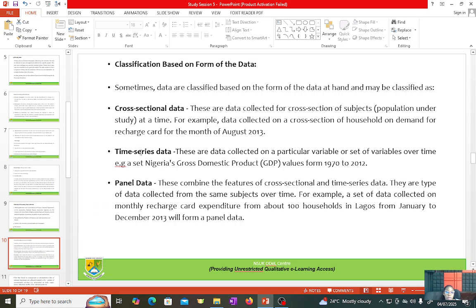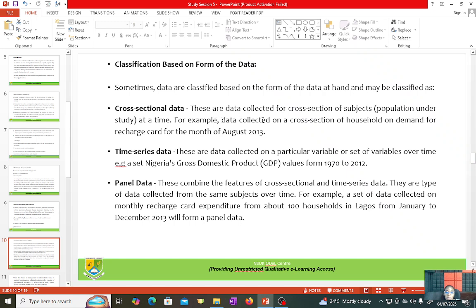Classification of data based on the form. Sometimes data are classified based on the form of the data at hand and may be classified as cross-sectional data, time series data, panel data. Cross-sectional data.